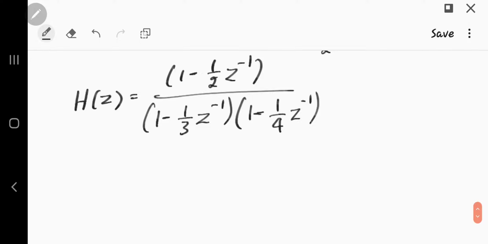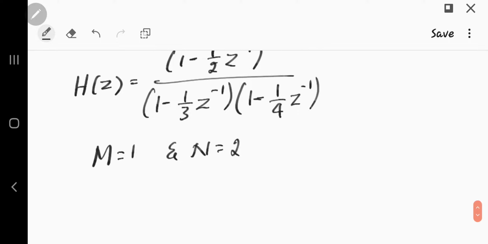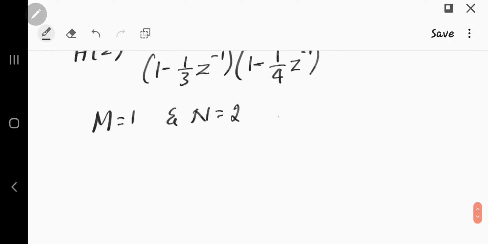Now looking at the numerator and denominator, the orders are m is equal to 1 and n is equal to 2, because if you multiply z inverse and z inverse, you will get z to the power of minus 2. So therefore m is less than n, so we can apply partial fraction expansion.